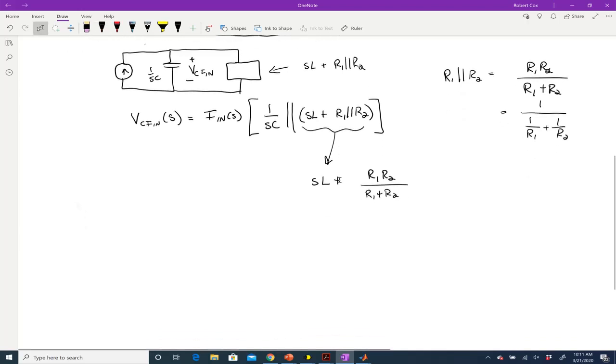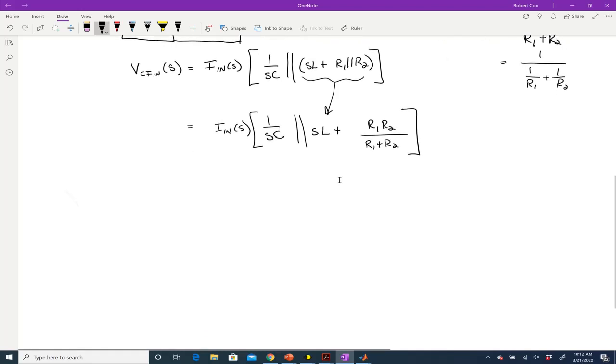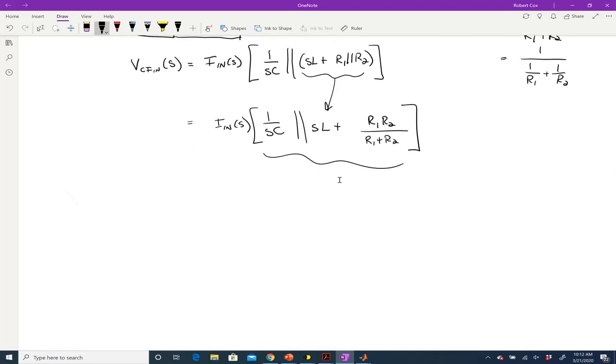So how do I approach this? That's in parallel with 1 over SC, and remember, this is times In of S. I need to simplify this whole expression now, and that's going to get ugly.